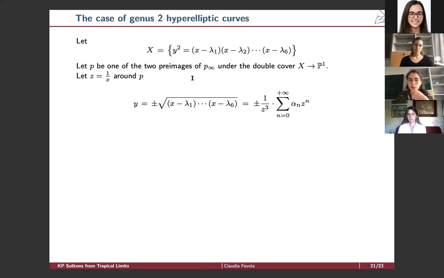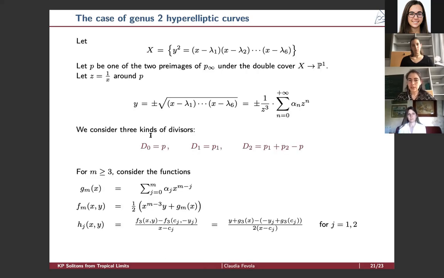We take P to be one of the 2 preimages of the point at infinity under the double cover given by the hyperelliptic curve. And we take z to be a local coordinate around P given by 1 over x. In this notation, this polynomial can also be expanded in this way, where the alpha i will be polynomials depending on the lambda i's.